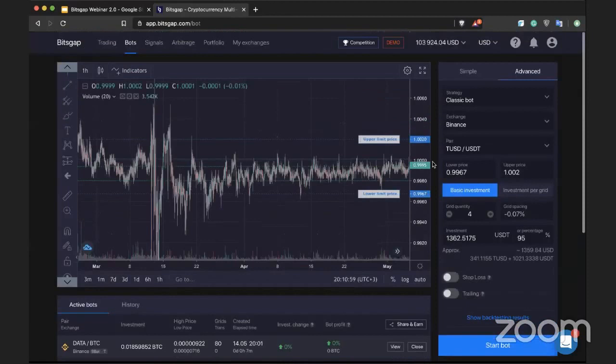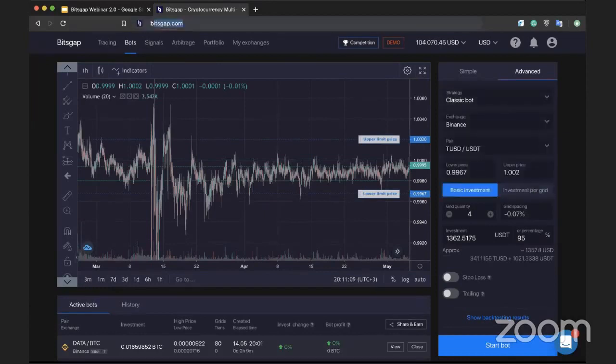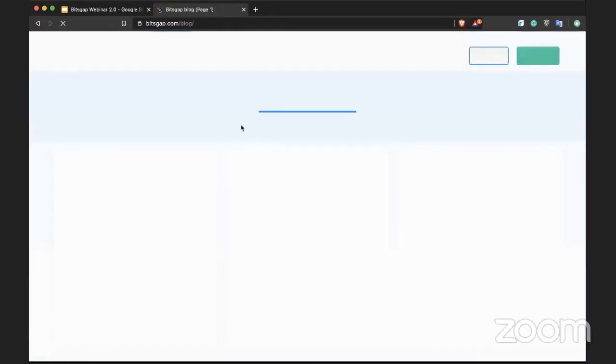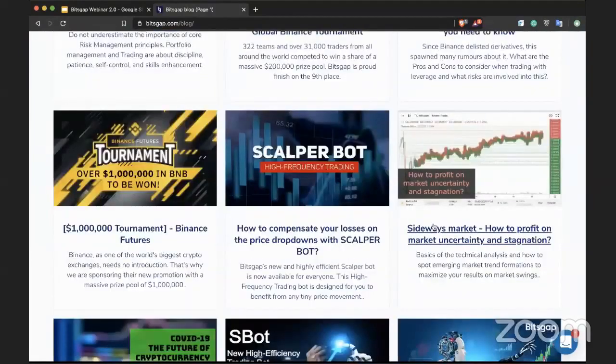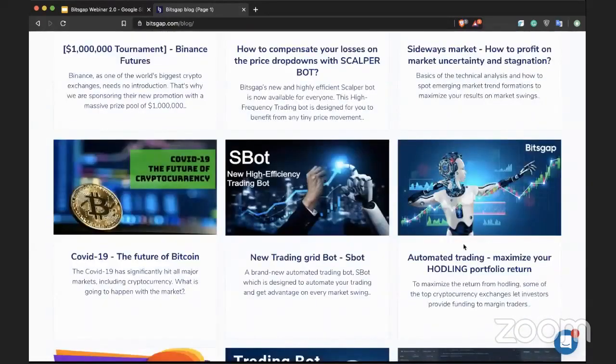If you want to read more about the classic bot, S-bot, and the scalper, then once again, you can click on read more, or you can go to the main page and follow the about section, click on blog, and here you have relevant articles to read about the scalper bot, about how you can profit on market uncertainty and stagnation, S-bot, automated trading to maximize your holding.